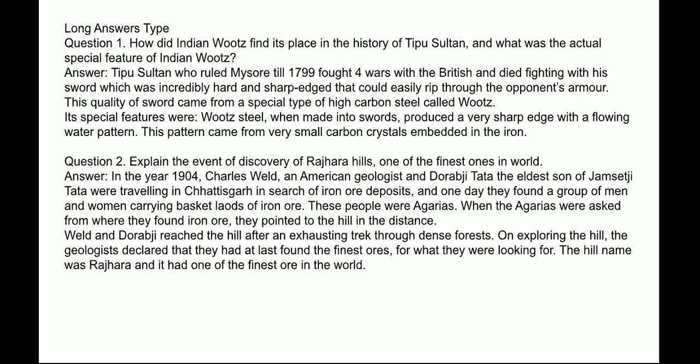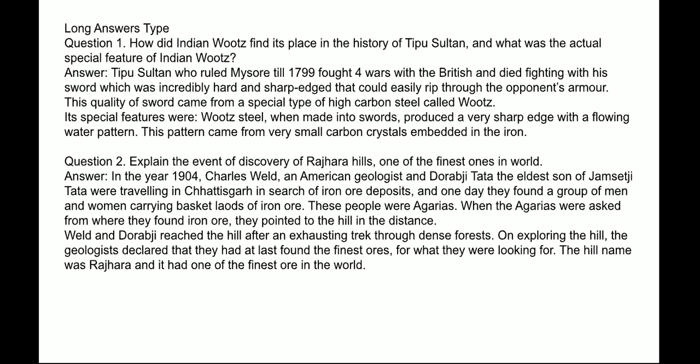Long answer type. Question number 1. How did Indian wootz find its place in the history of Tipu Sultan and what was the actual special feature of Indian wootz? Answer. Tipu Sultan ruled Mysore till 1799, fought 4 wars with the British and died fighting with his sword, which was incredibly hard and sharp edged that could easily rip through the opponent's armor.